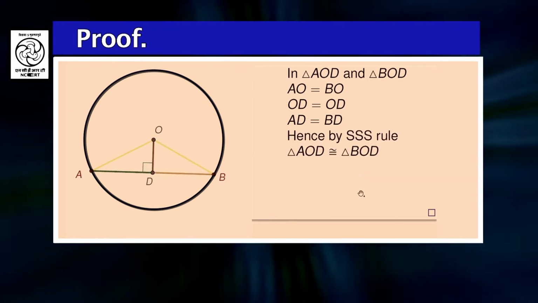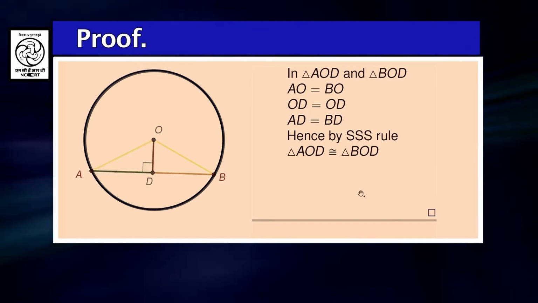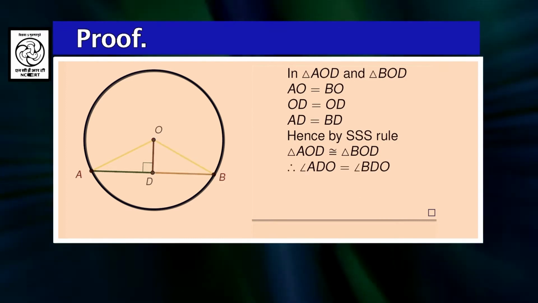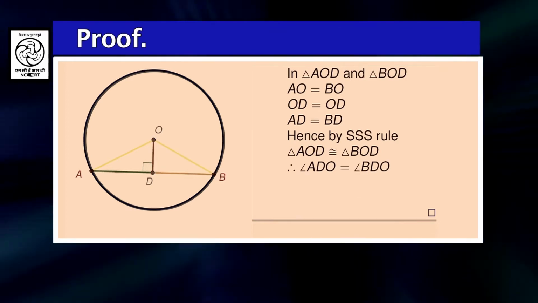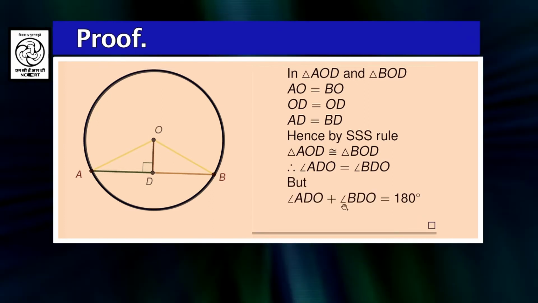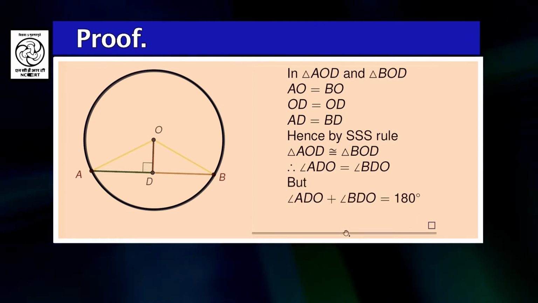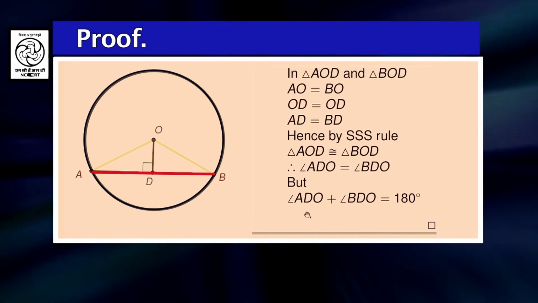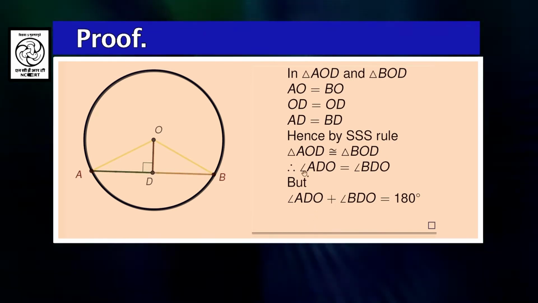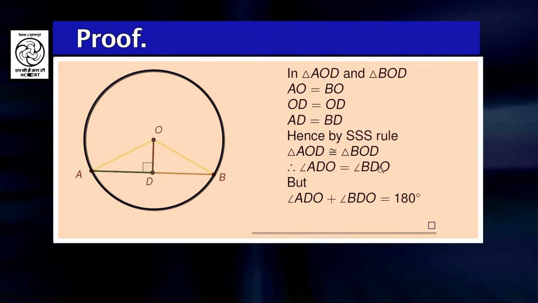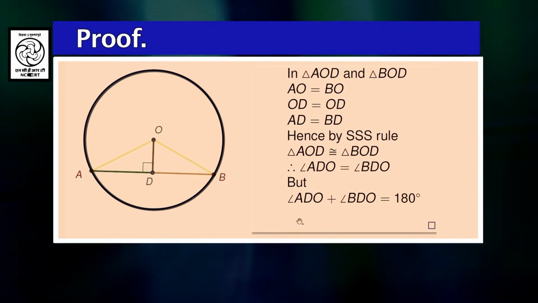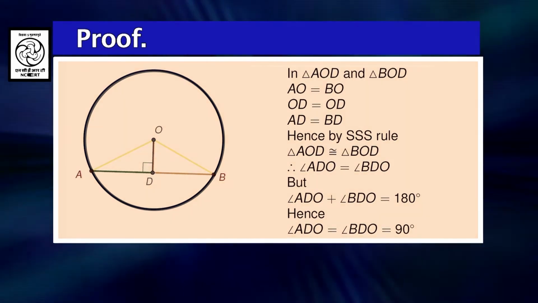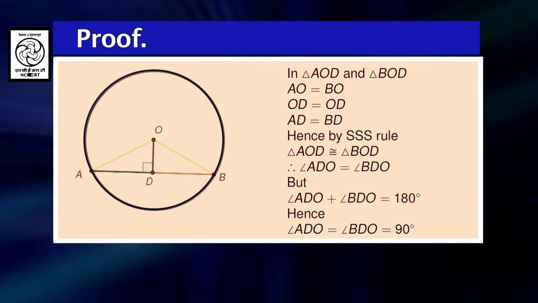Therefore, by SSS congruency rule, triangle AOD and triangle BOD are congruent. Therefore, angle ADO is equal to angle BDO, but angle ADO plus angle BDO is 180 degrees because AB is a straight line, and combining these two facts that angle ADO is equal to angle BDO and their sum is 180 degrees, we get both are equal to 90 degrees. So, hence we have proved that OD is perpendicular to AB.